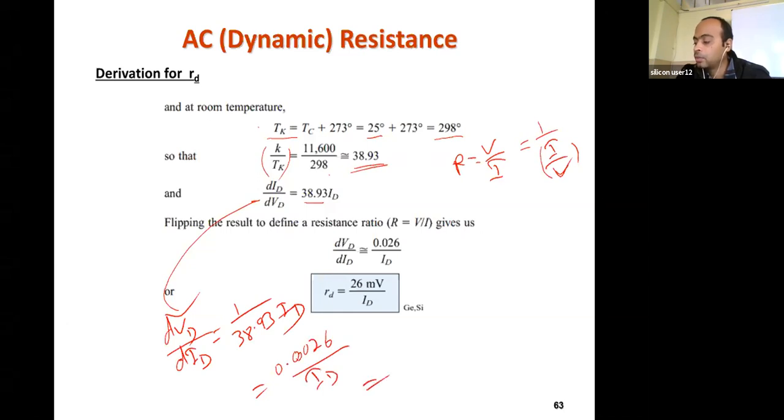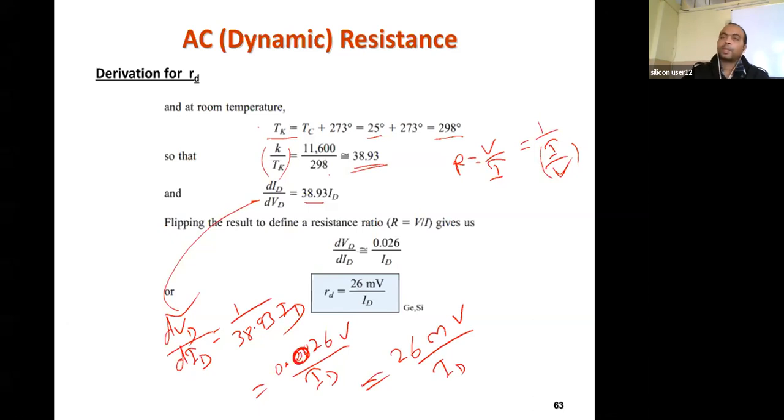If you convert it into milli, it is 26 millivolt by id. So 1 by 38.93 calculates to 0.026 volt by id, and in terms of milli it will be 26 millivolt by id.